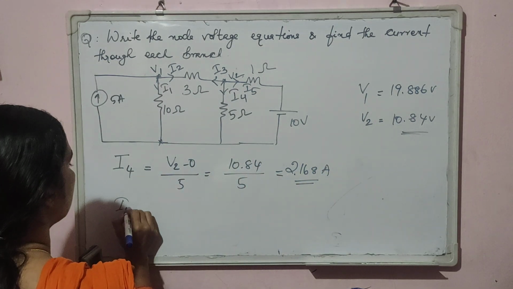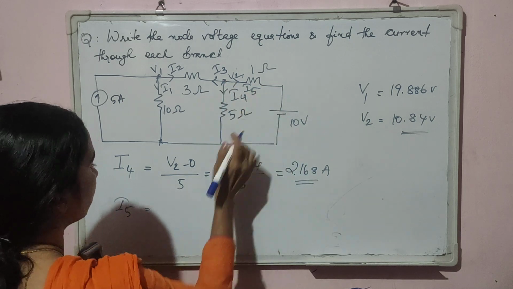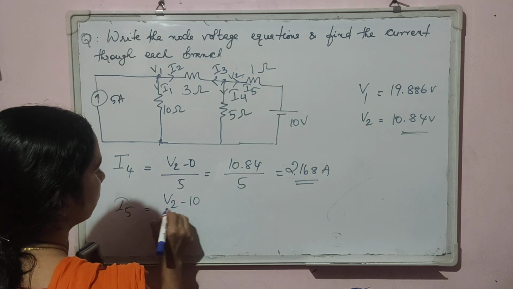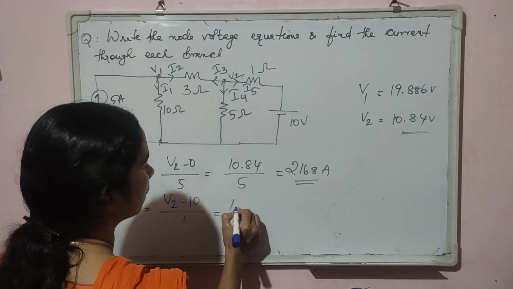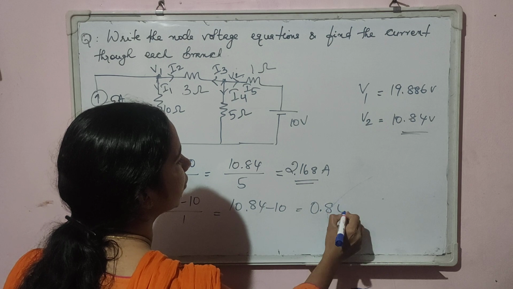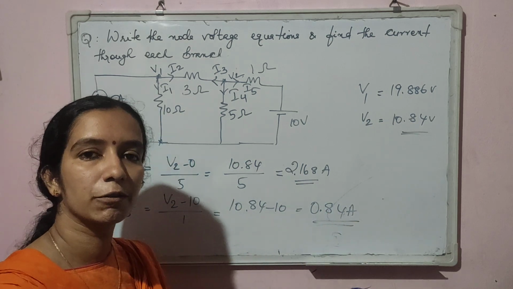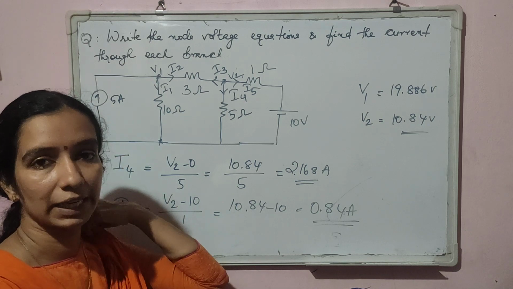And the last one is I5. I5 is V2 minus 10 divided by 1, which is equal to 10.84 minus 10, which is equal to 0.84 ampere. Thus we have calculated the currents flowing through all the branches of this particular circuit.